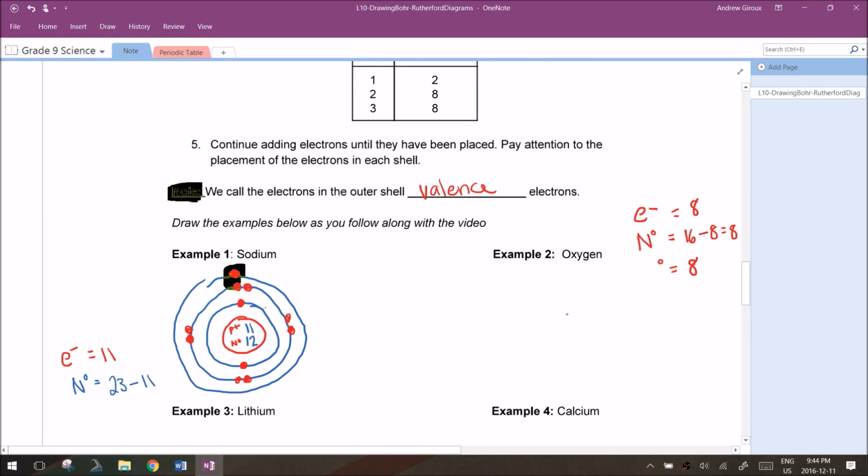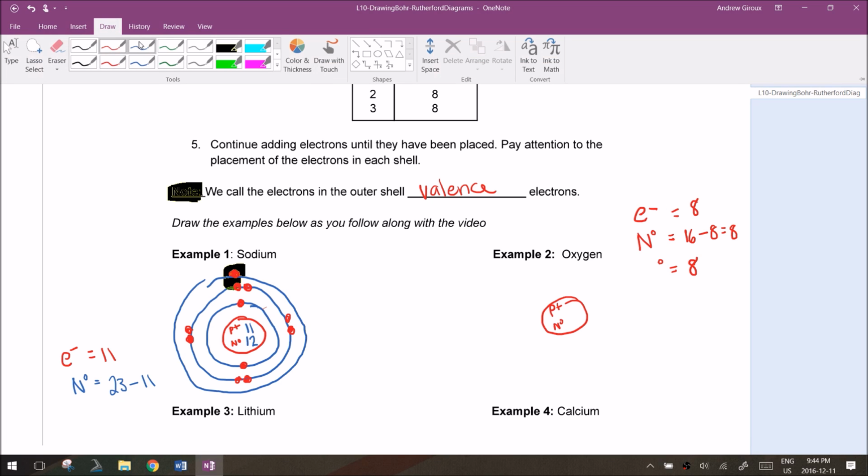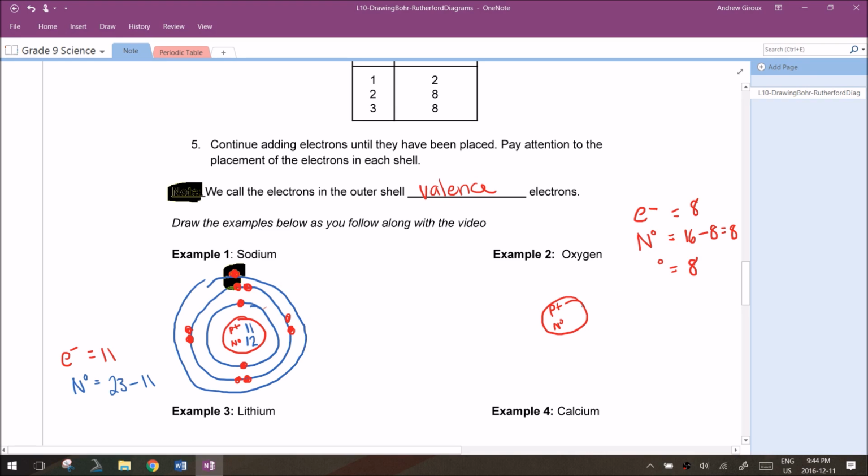We're going to start by drawing the nucleus. In the center we have our protons and our neutrons. We have 8 protons and 8 neutrons. Draw our energy shells. The first one holds 2 electrons, so I'm going to put 1 and 2.